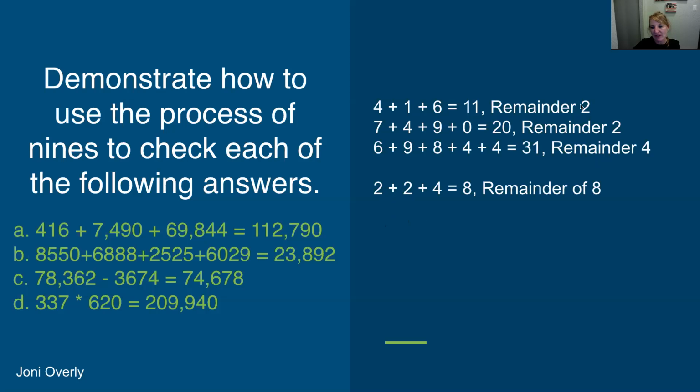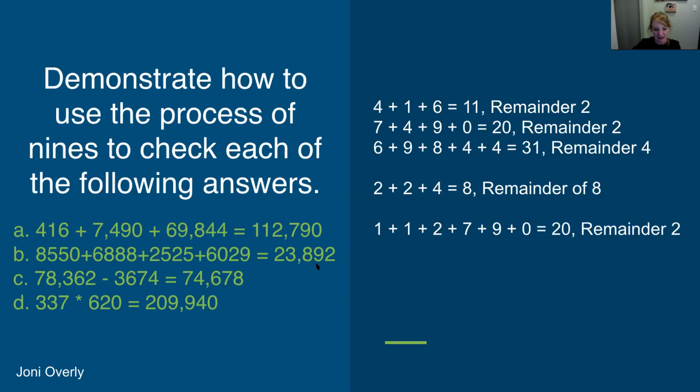So then we're going to add up all of our remainders. So our 2 plus 2 plus 4 is going to be 8. So we have a remainder of 8. So 8 divided by 9.